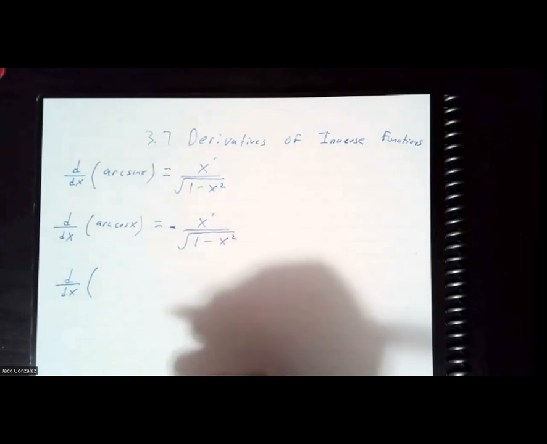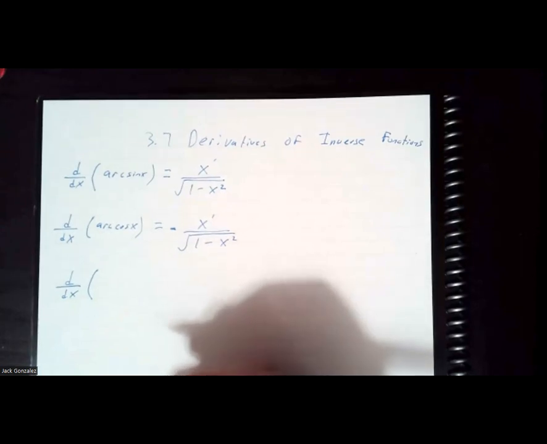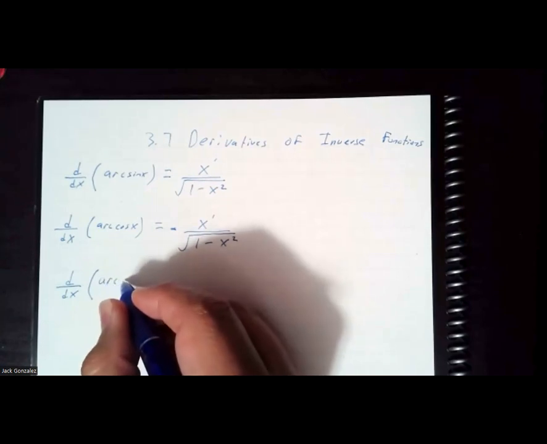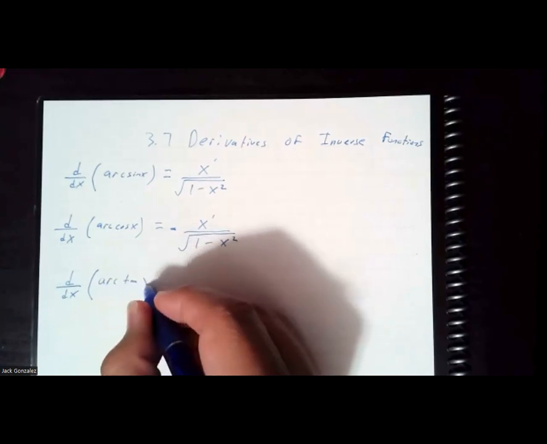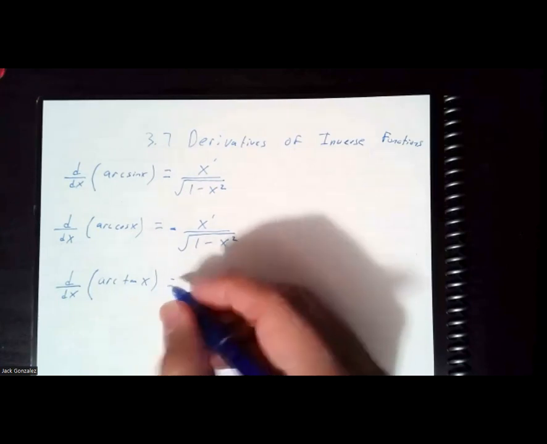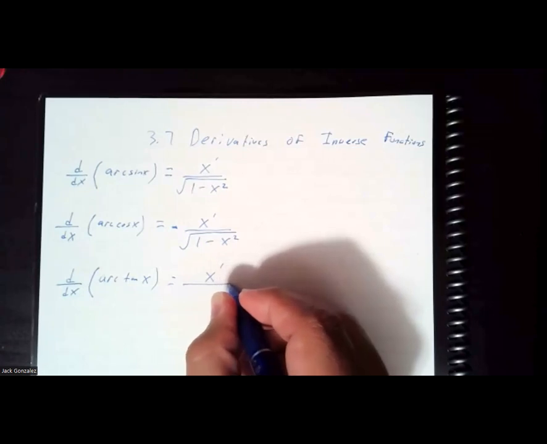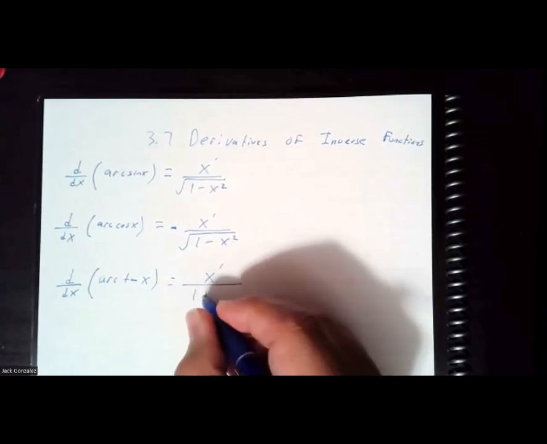Arc tangent, sorry, is equal to x prime over 1 plus x squared.